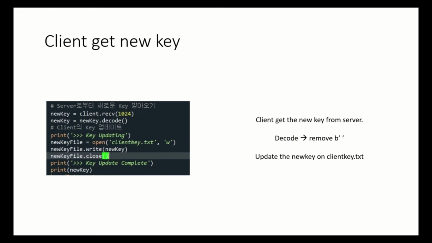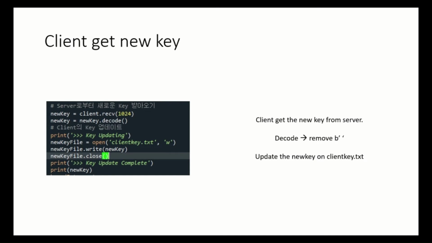And the client gets the new key from the server. There's the code named decode. The reason we use decode is that in the process of getting the new key, there is some alphabet b and an apostrophe.